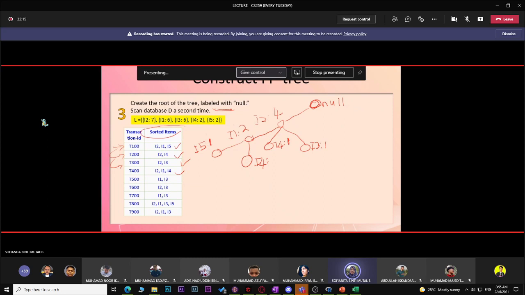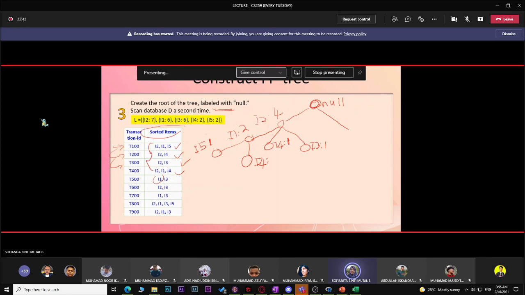T500. Dah ke I1. Bagus. Maksudnya kita buat lagi satu branch bawah null, bukan dekat sini, not this one. Okay, so you should have a new branch because the prefix is not same. So yang ini sebelum ni semua prefix dia adalah I2. Okay, so this one the new prefix.